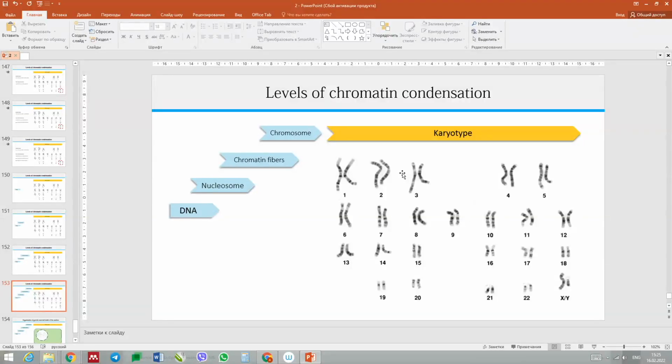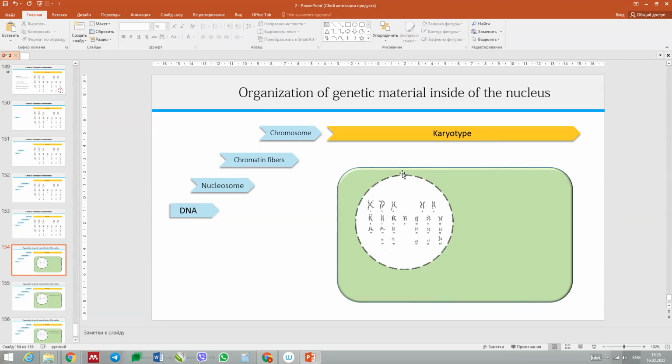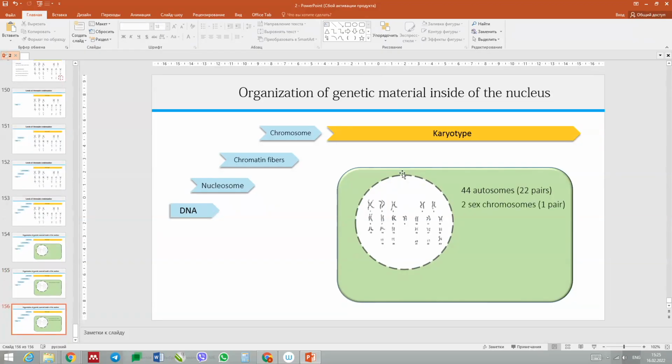Karyotype is a concept that describes all chromosomes together. Here you can see a schematic illustration of the cell with nucleus and chromosomes inside. Once again, numbers that you should remember: 44 autosomes or 22 pairs, and 1 pair of sex chromosomes. They all together comprise the karyotype of a human cell.